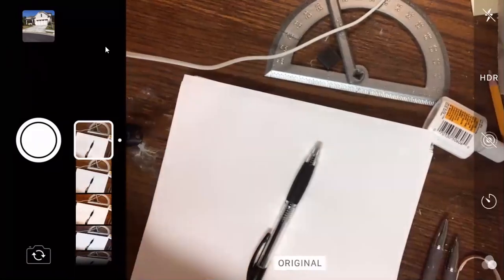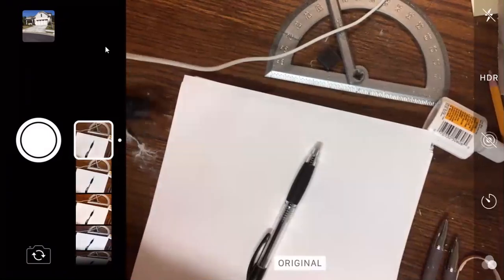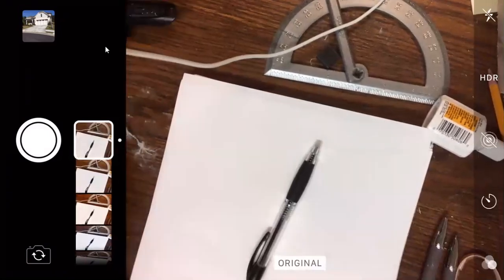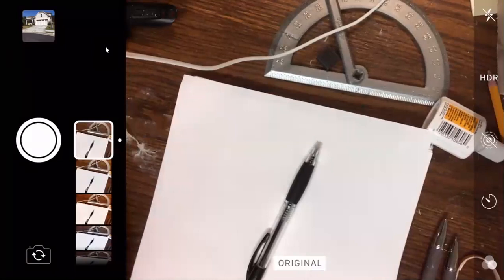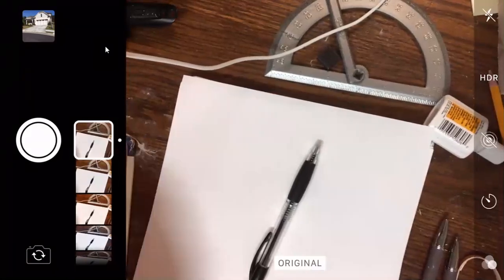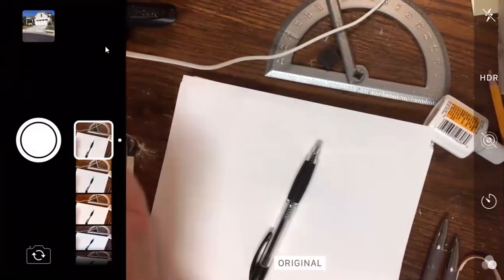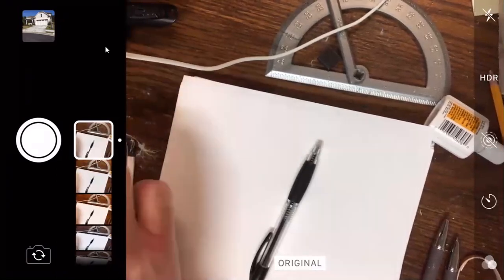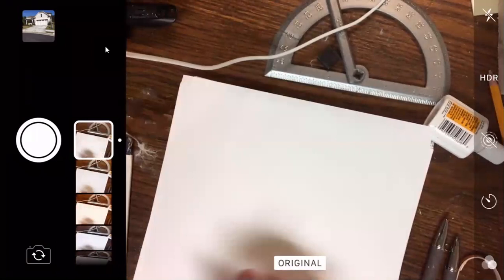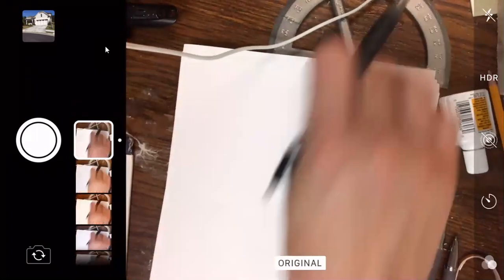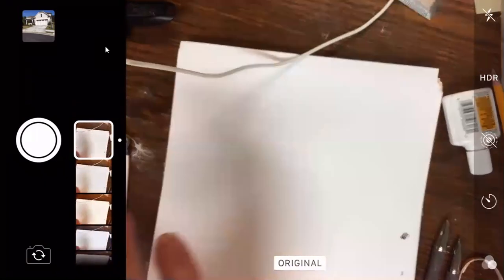I think I have a domain of a graph. Let's go with... here we go. All right.